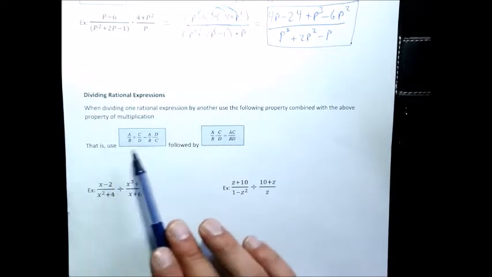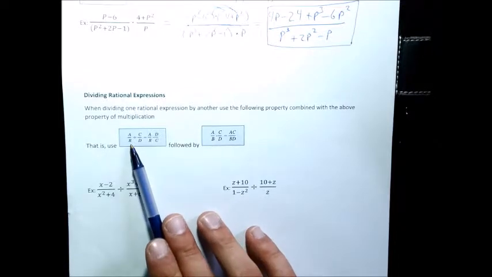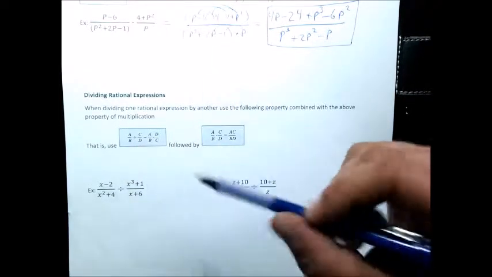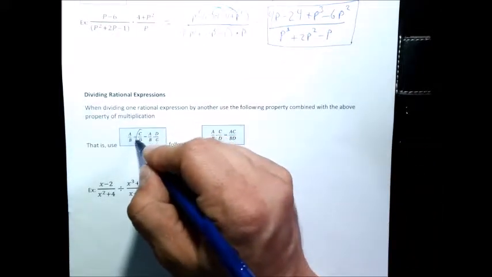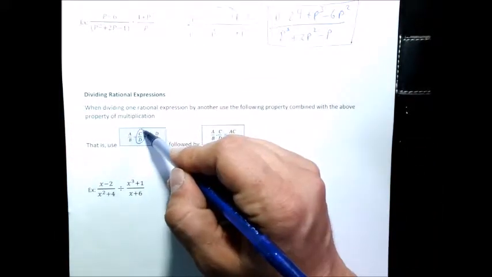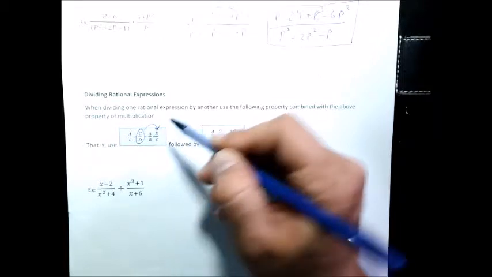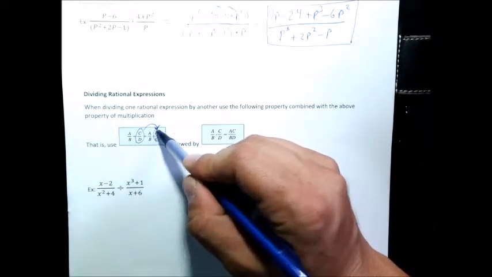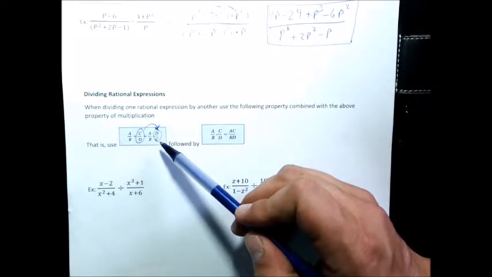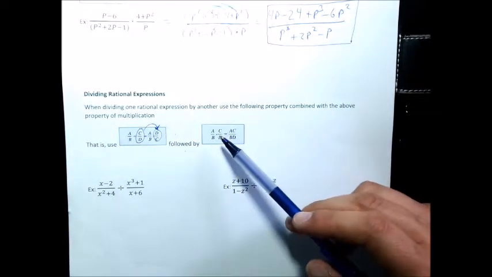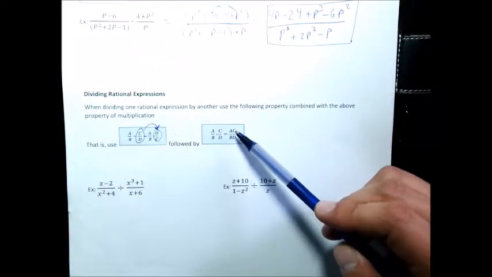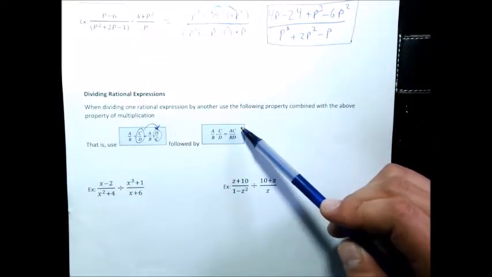So when you have a over b divided by c over d, what we do is take the second fraction and flip it upside down. We invert it. It becomes d over c, and then we multiply. And when we multiply, we use the above property that we just talked about. We multiply straight across the numerator and the denominator.